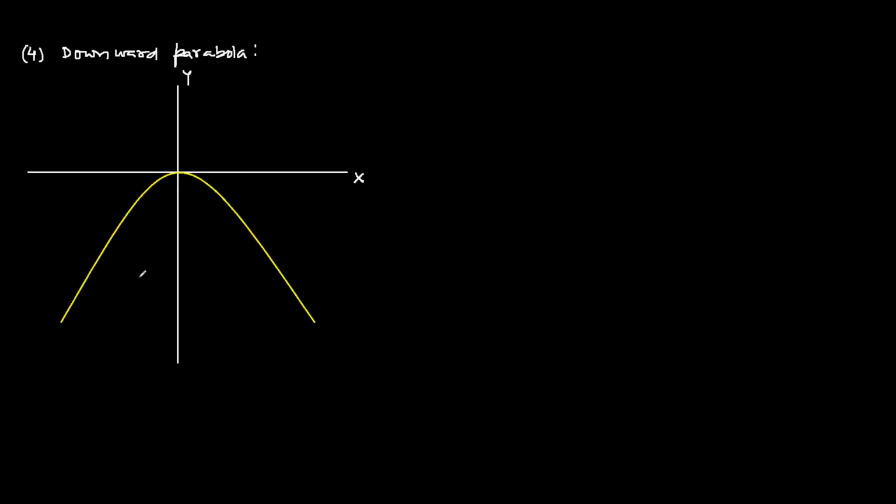Now let's see the downward parabola. This is a downward parabola, and the vertex is 0, 0. Focus is at a distance a from the vertex. So we can write the coordinate of this focus as 0 comma minus a.